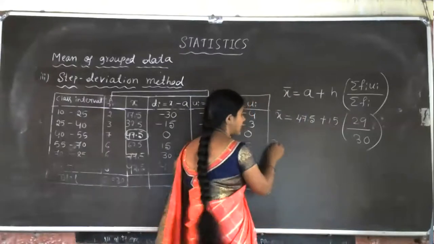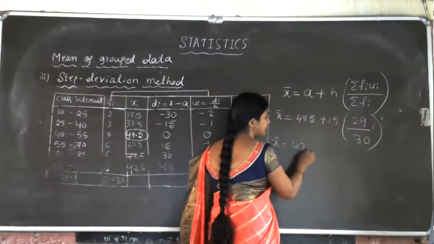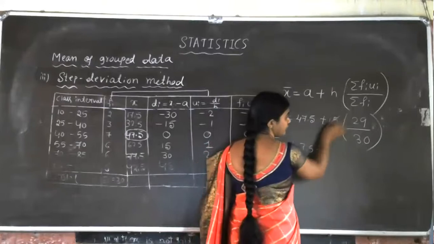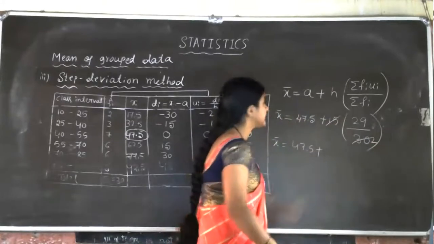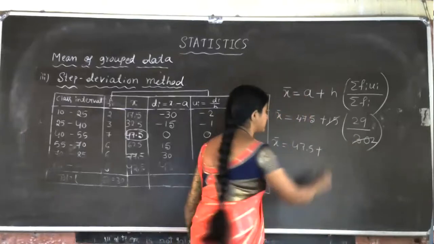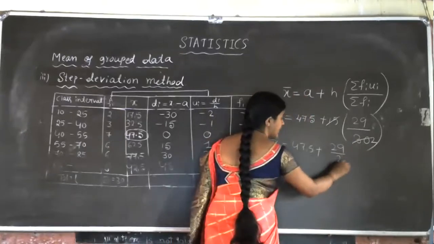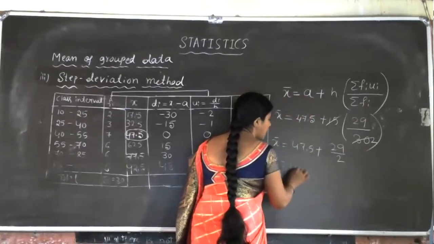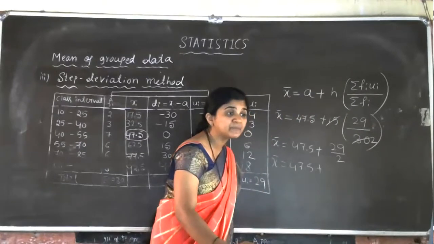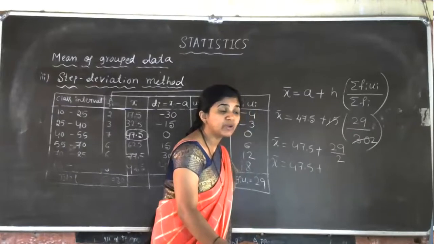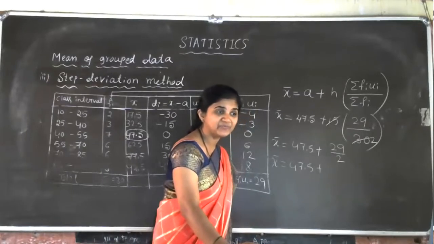Now next step. X bar is equal to 47.5 plus 15 ones are 15, 15 twos are 30. Now 29 divided by 2. Then x bar is equal to 47.5 plus 29 by 2. What is the answer for 29 by 2?